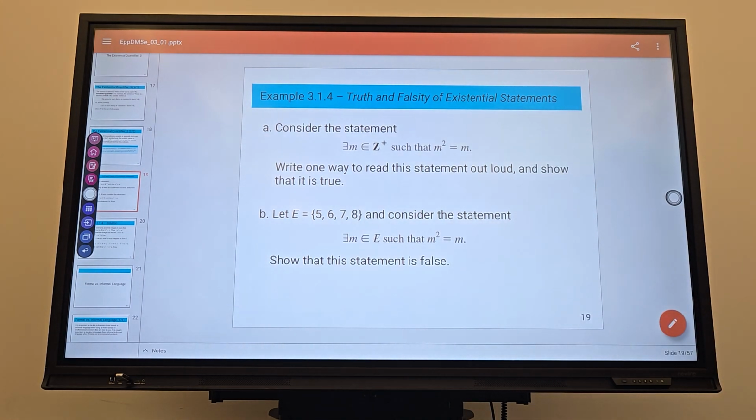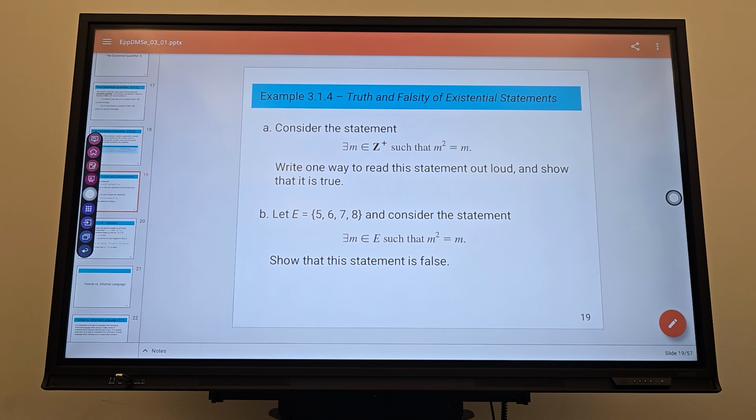Consider the statement: there exists a number m that is an element of the positive integers such that m squared equals m. You can show that to be true by giving just one example. 1 squared equals 1, so it's true. Let E be the set 5, 6, 7, and 8.